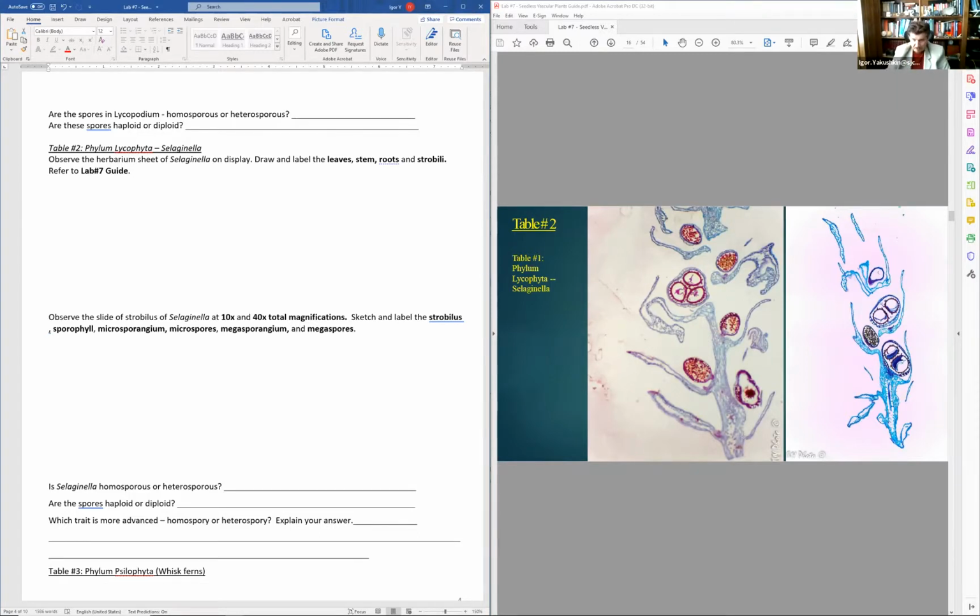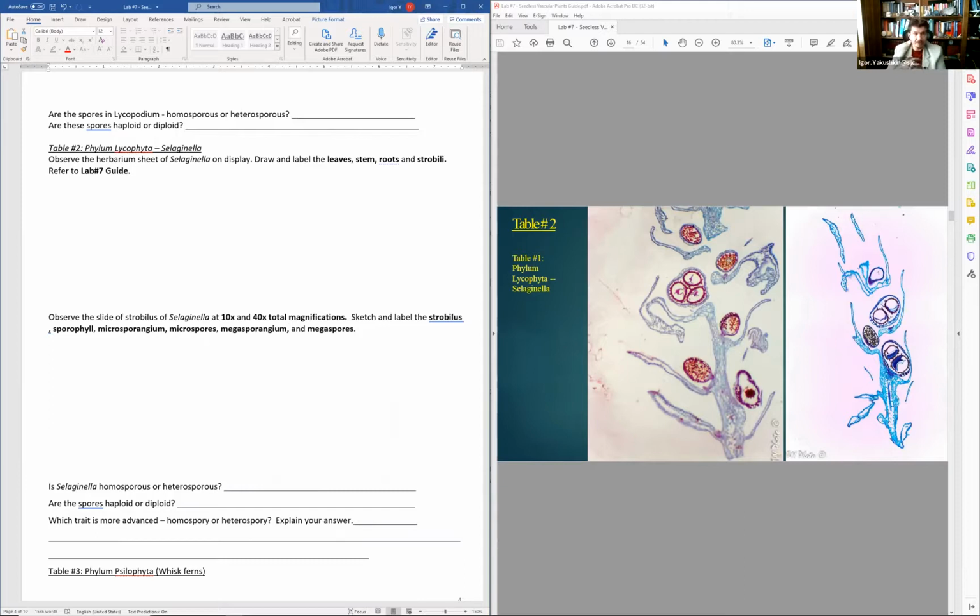On that particular picture, you will see sporangia, tons of small spores, sporangia, tons of small spores, sporangia 1, 2, 3 spores, but huge. Those ones are known as the megaspores. Those ones are known as the microspores. And therefore, that would be a heterosporous structure or heterosporous plants.